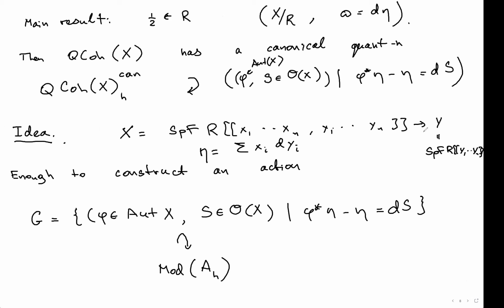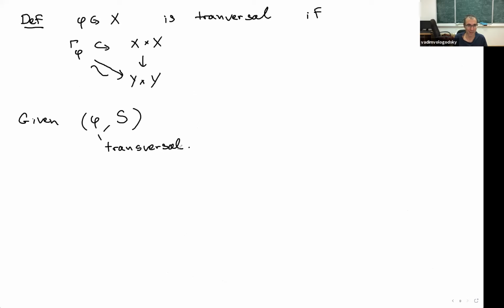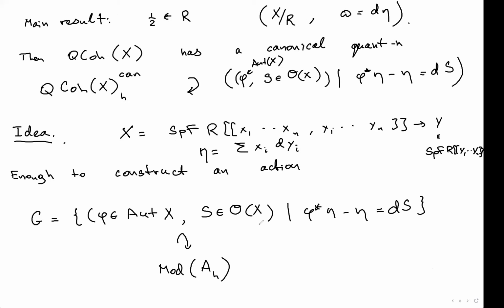I think of this X as a formal completion of the cotangent space to the affine line, and Y is the completion of the affine space. It's a very local model of everything. And you reduce everything to this local model using a version of the Darboux lemma.